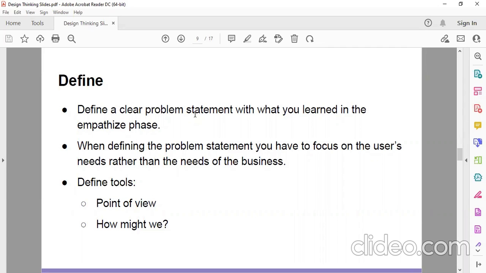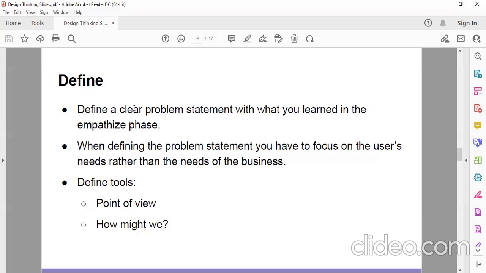So from your observations in the empathize phase, you will try to come up with what kind of difficulties and barriers your users are coming up against, and what patterns you observe, and what are the complex and highly important problems that are faced by your user, and which are the important ones that the business needs to solve, right? So those kind of things happen in this define phase.